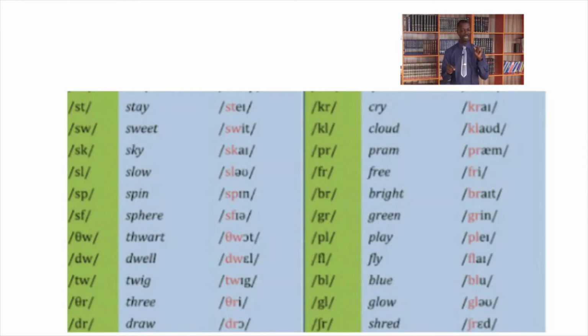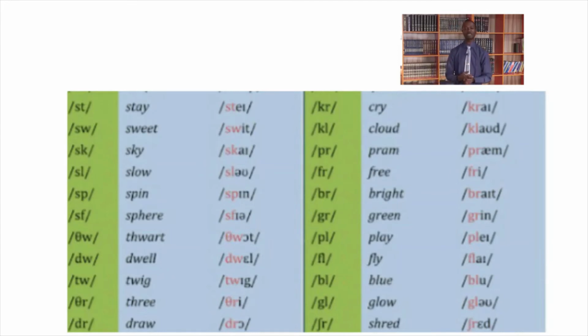So that PH is a consonant digraph. We also have vowel digraphs. So that PH, which is a consonant digraph, is different from ST, which is a consonant cluster. So ST, there are two different consonants produced as two consonant sounds. All right, so that's the difference between a consonant digraph and a consonant cluster.